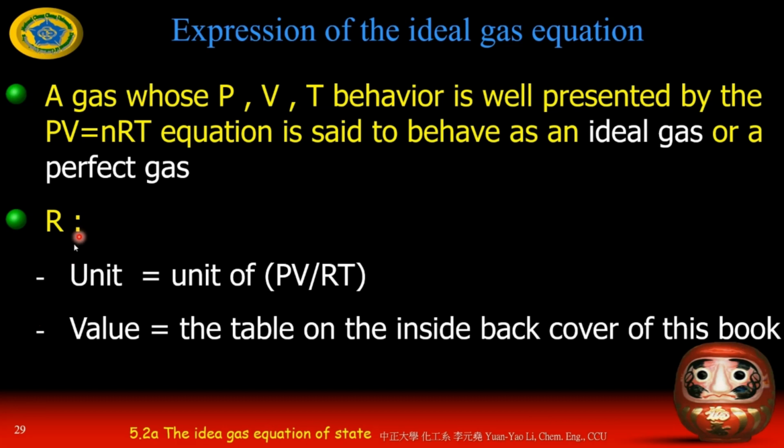R is the gas constant. I hope you know that. You can get the gas constant with different units from the SI unit, CGS unit, or the American engineering system. Different systems have different gas constants, and I'm sure you know this from high school.